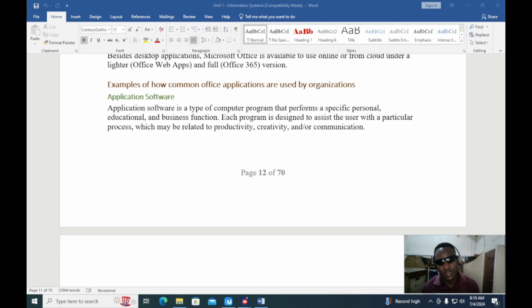So when I was in outcome 1, when I was explaining the components of an information system, I talked about software being part of the components of an information system, and I remember saying that we have 5 components or elements of an information system, and 4 of these elements make up the information technology.